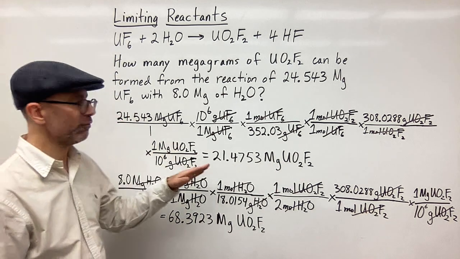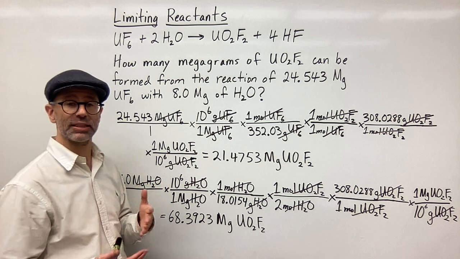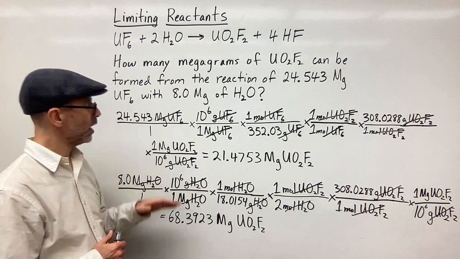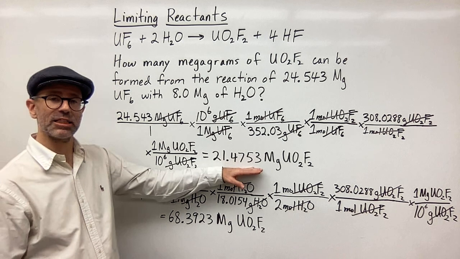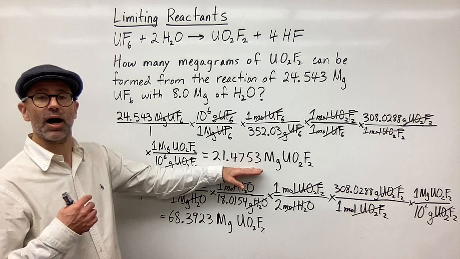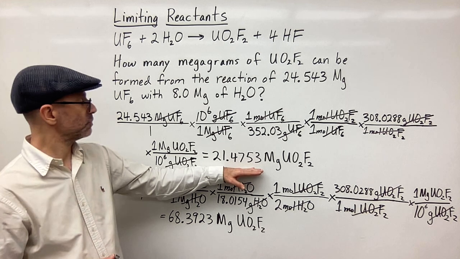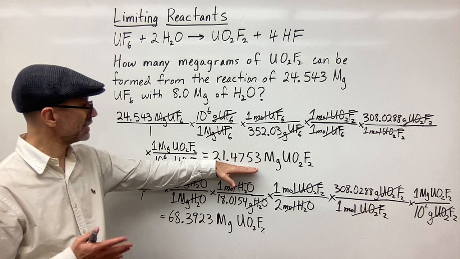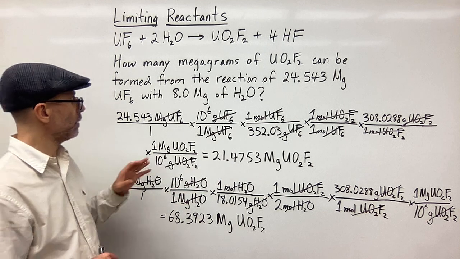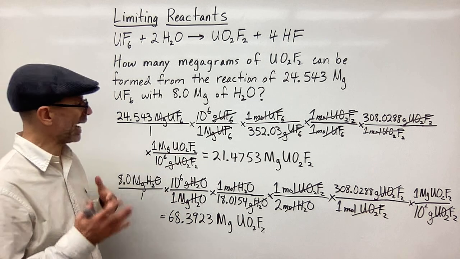Now, before we finish, let's talk about significant figures. For those of you who are interested in figuring out sig figs of your answer, remember the number of sig figs in your answer has to be equal to the smallest number of sig figs in your measurements, right? So it should be equal to the measurement with the least number of sig figs. Remember, we can ignore the exact numbers.